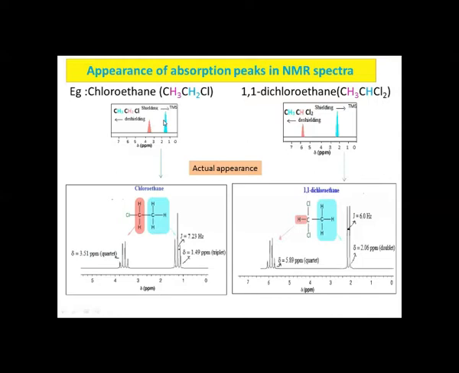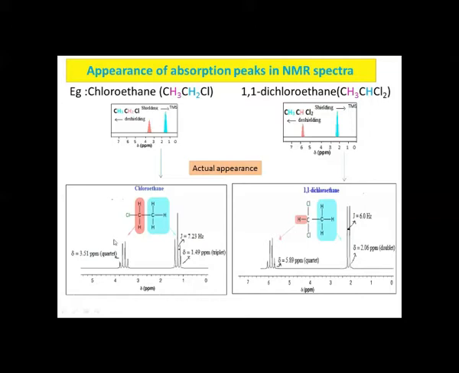Thus two signals are expected in its NMR spectrum. It has been observed that for each kind of proton, we do not get a singlet, but a group of peaks. For the CH3 protons, a triplet, a group of 3 peaks, is observed, and a quartet, a group of 4 peaks, is observed for CH2 protons.